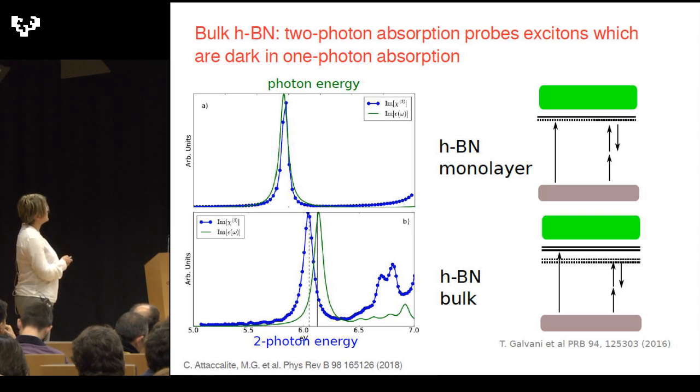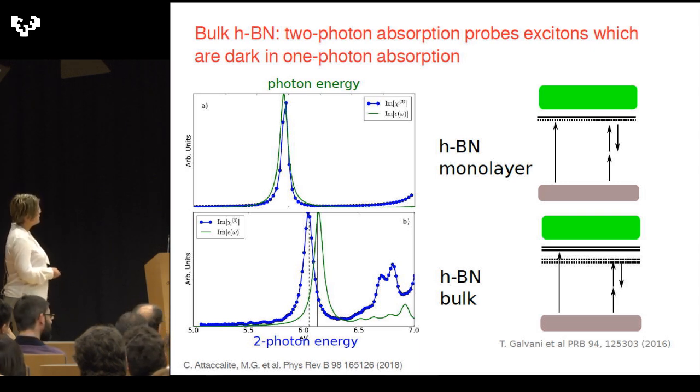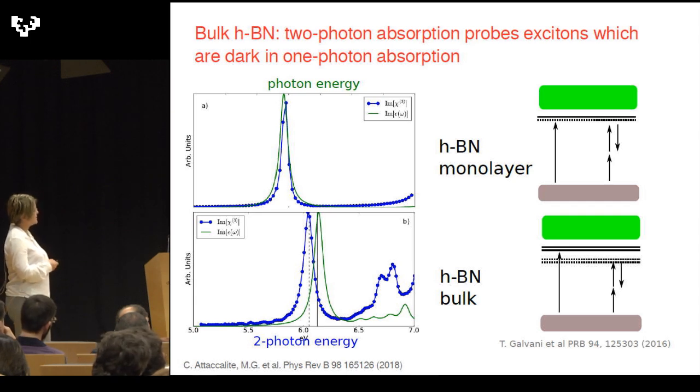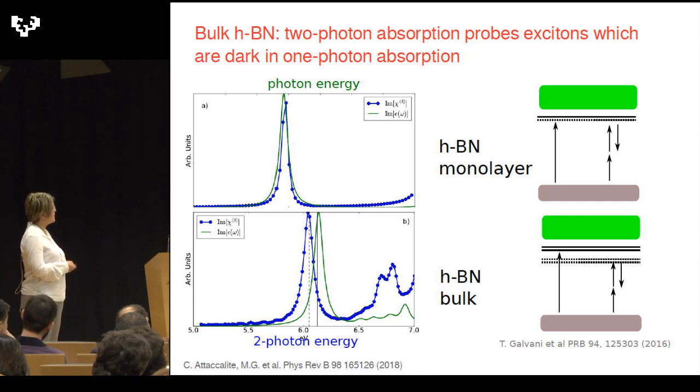And here, what we have done, we are just calculating the absorption, which is in green, and the 2-photon absorption, which is in blue, for the monolayer and for the bulk. So for the monolayer, it's not really interesting, since the excitons are all degenerate.